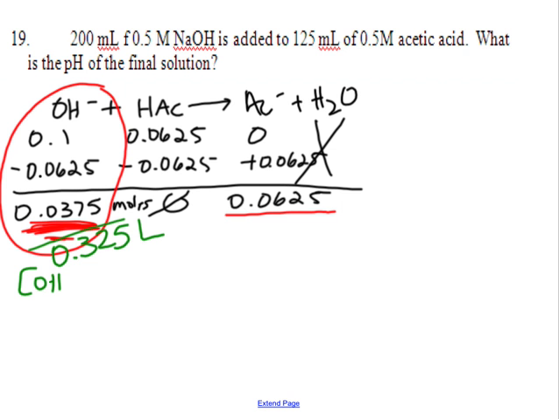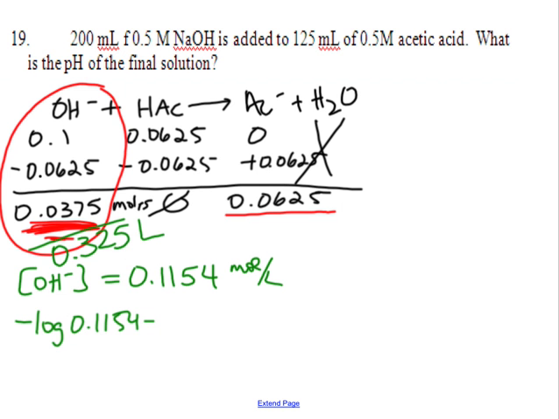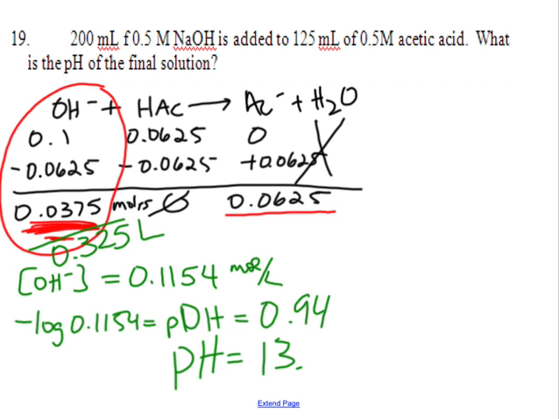So my OH concentration is 0.1154 moles per liter. So the negative log of 0.1154, which is equal to the pOH, is equal to, just give me 2 decimal places, 0.94, and then the pH is equal to 13.06.